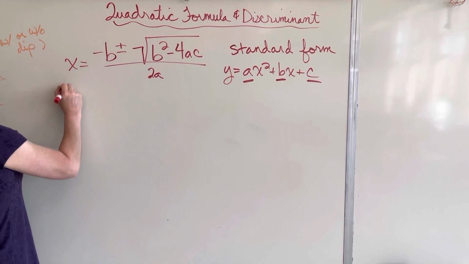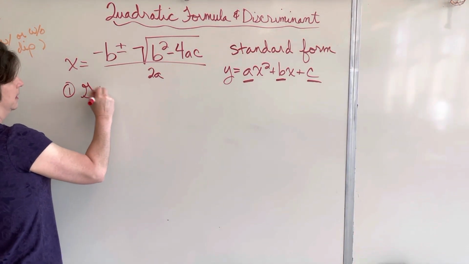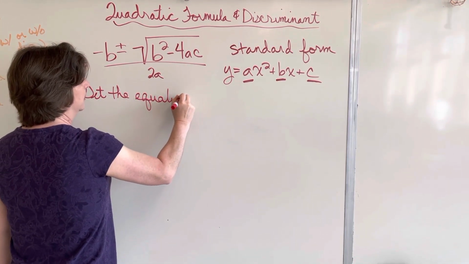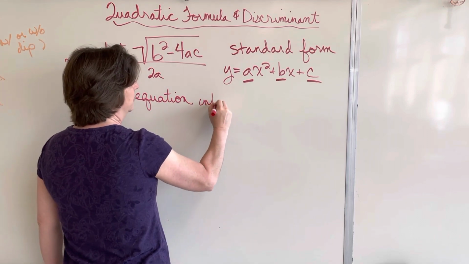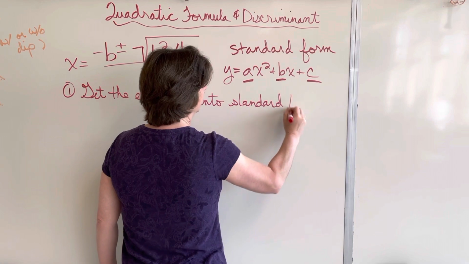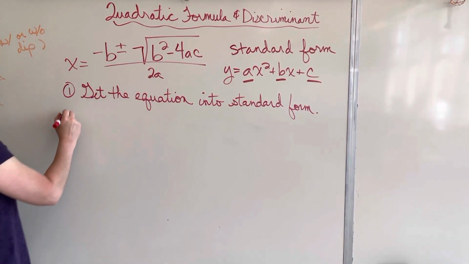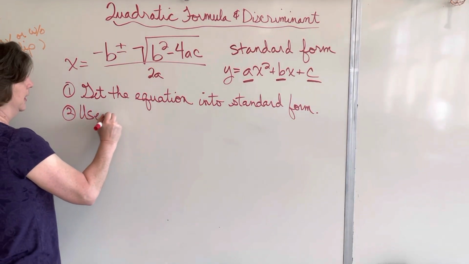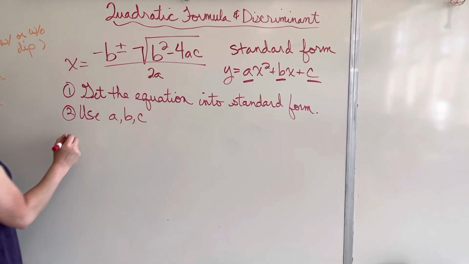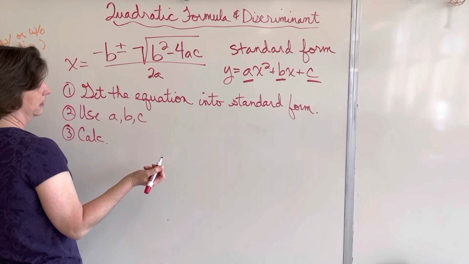The first thing we have to do before we can use those is get the equation into standard form. Once you have it in standard form, you're going to use a, b, and c, and then you're going to use your calculator to get an answer.